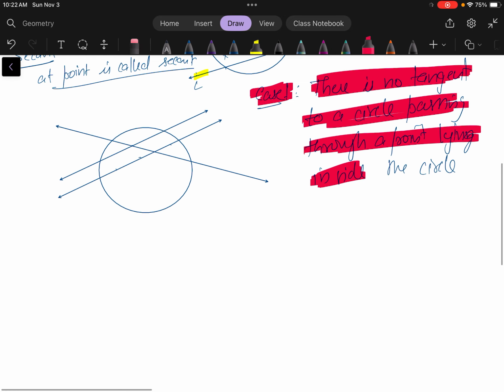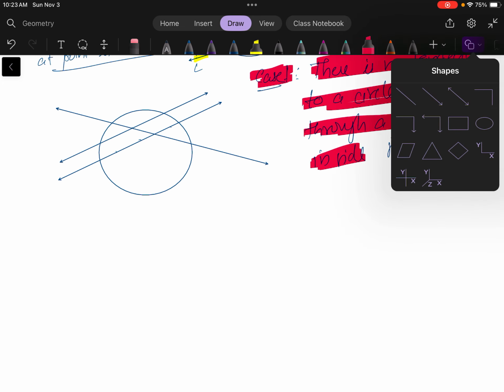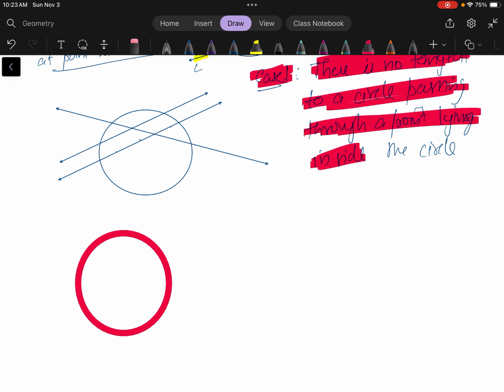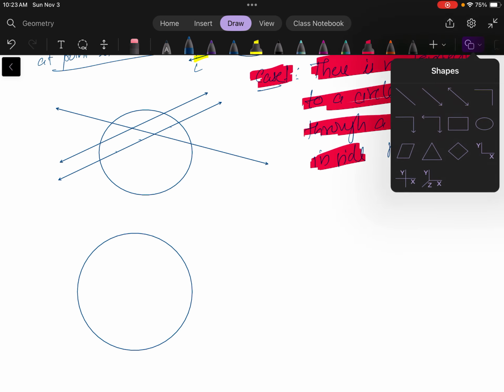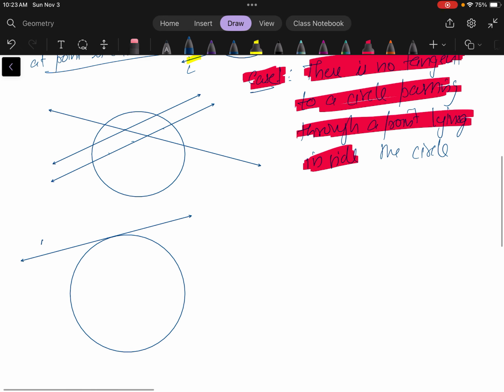So let's discuss another point that I already communicated to you about a tangent. Let's take again a circle. If I draw a line AB to this circle, it is touching at point P. So the point is there is only one tangent to a circle passing through a point lying on the circle.